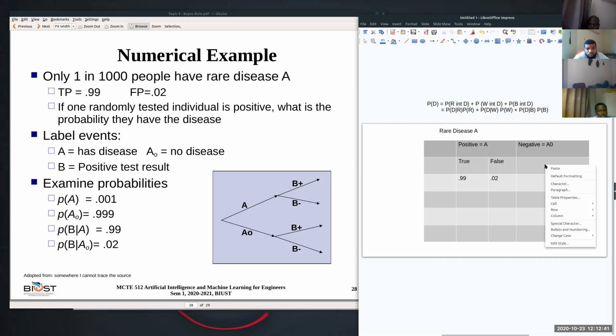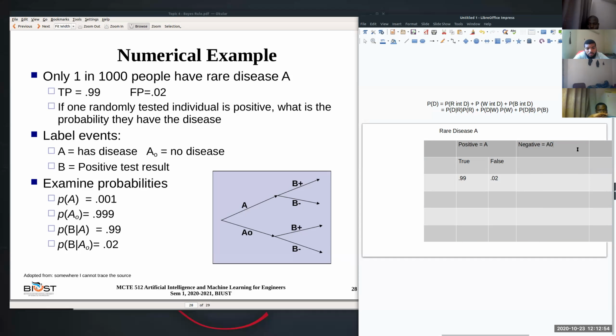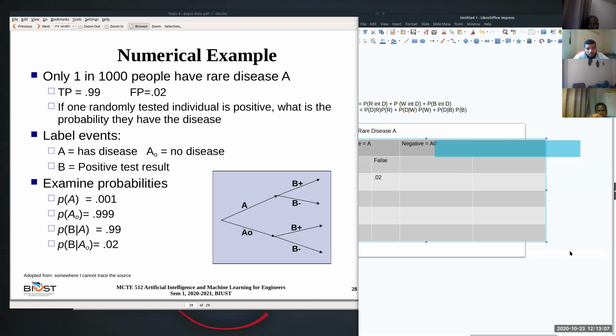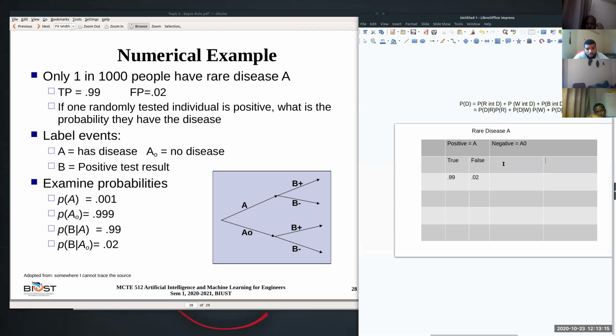Okay, maybe just to complete it, then we merge this. But this information we don't have. So we have a true and this is a false.